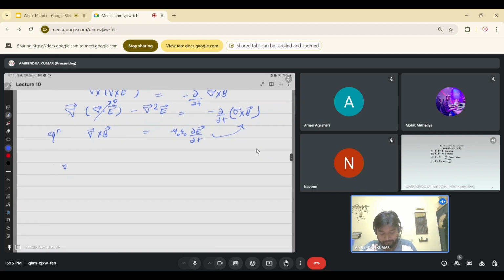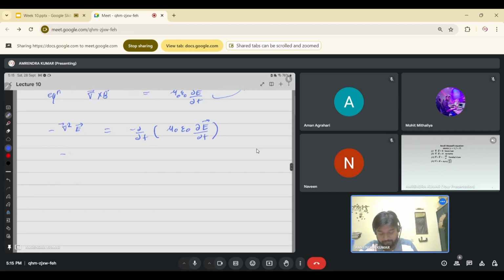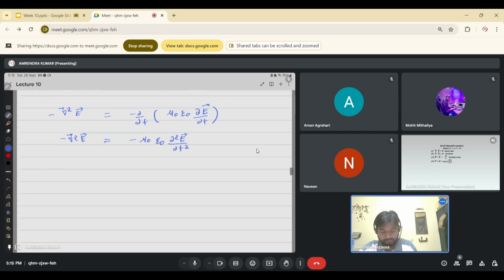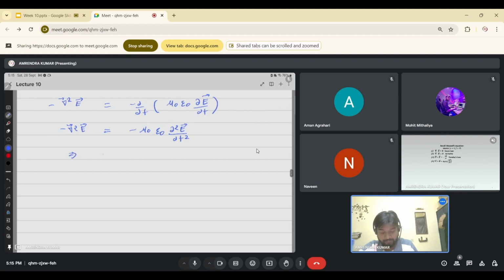If this term is 0, we have minus del square E vector is equal to minus mu 0 epsilon 0 del square E over del t square, and that means we can write this as del square E vector minus mu 0 epsilon 0 del square E over del t square equal to 0.